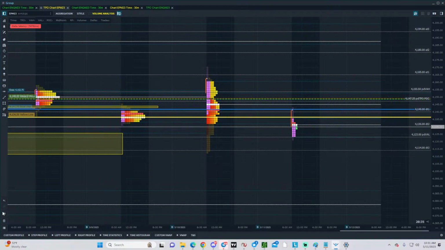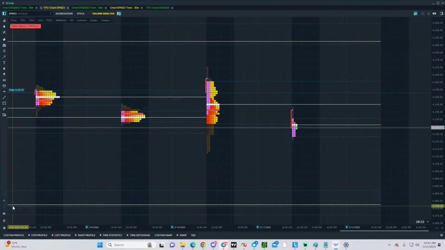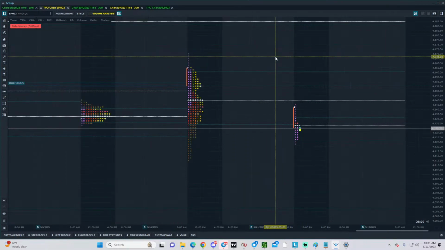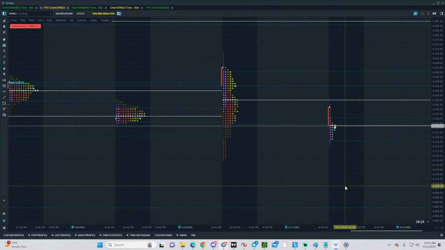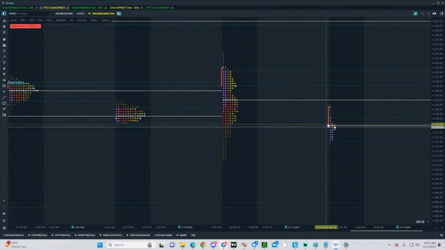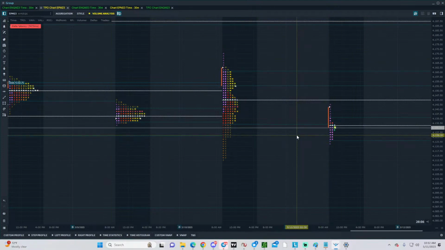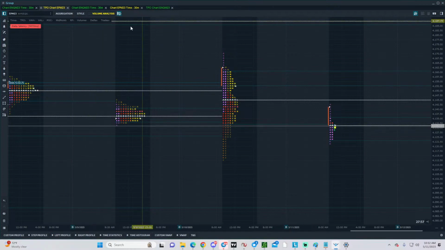I'm going to hide all the drawings so we can clean this up a little bit, and we're going to identify the value area high and the value area low. The volume is not loading quickly enough, but let's use the TPO for example.